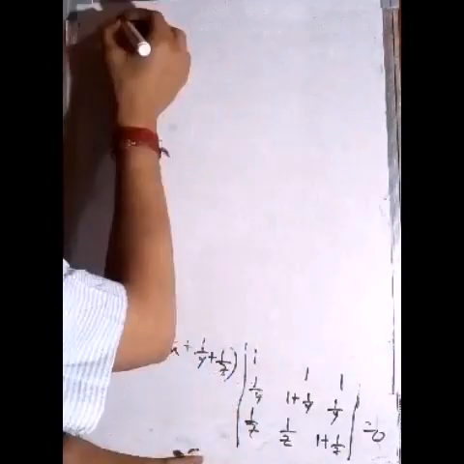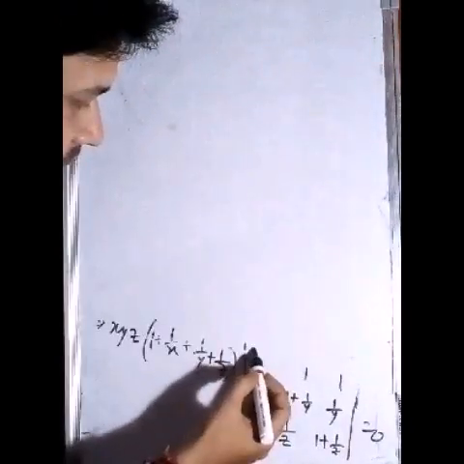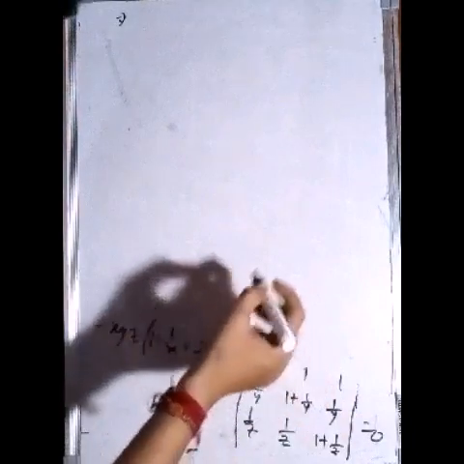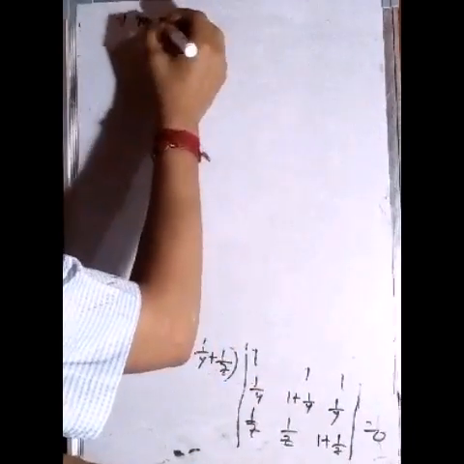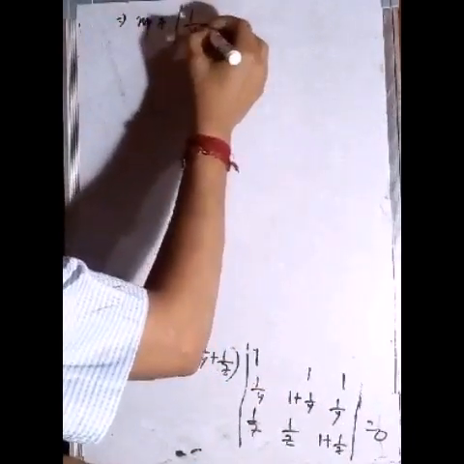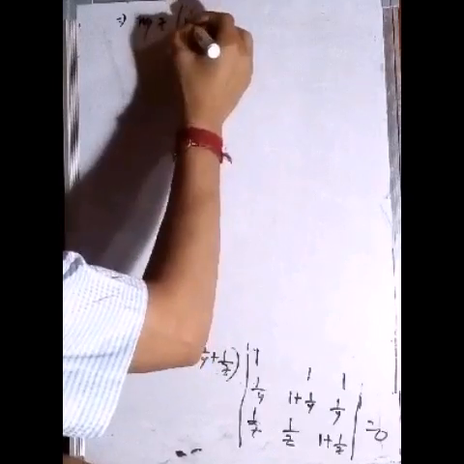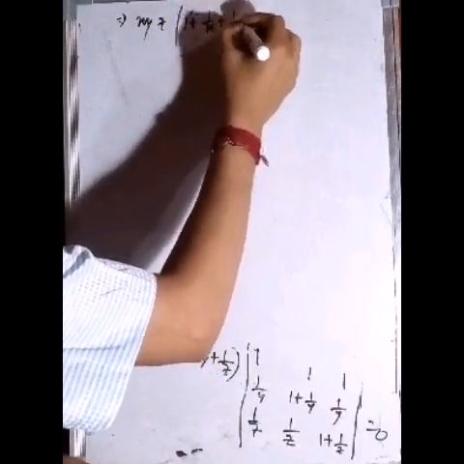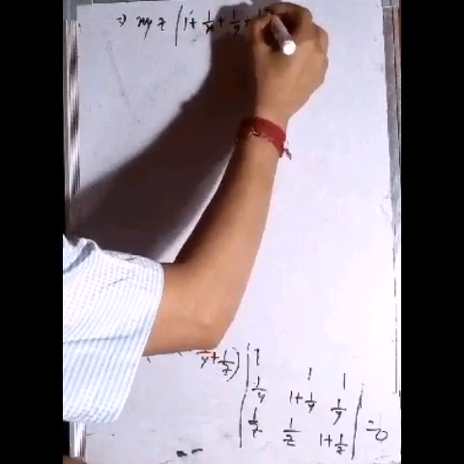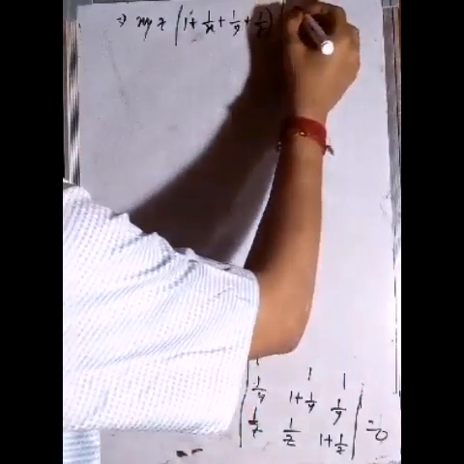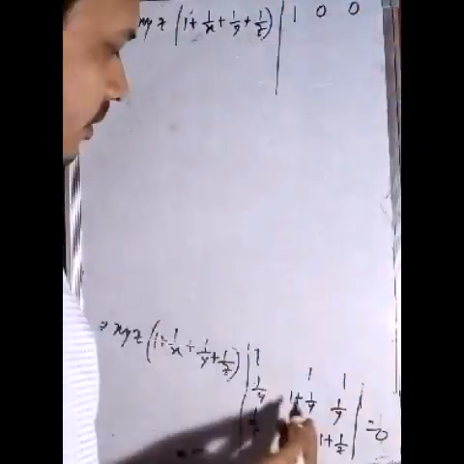Now from this we have this result. This implies, now we have 1 1 1 format here, so we'll make it 1 0 0. So we have x, y, z times 1 plus 1 by x plus 1 by y plus 1 by z, times the determinant with first row 1 0 0. What do we operate?